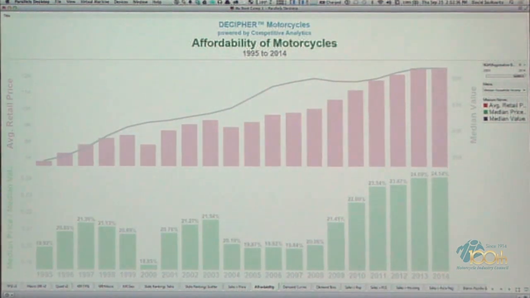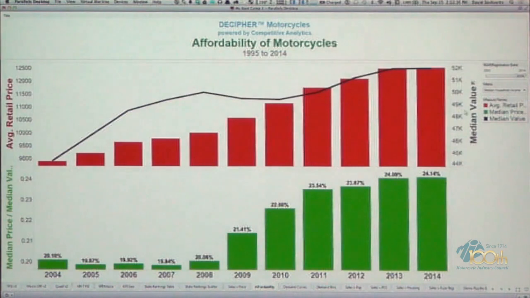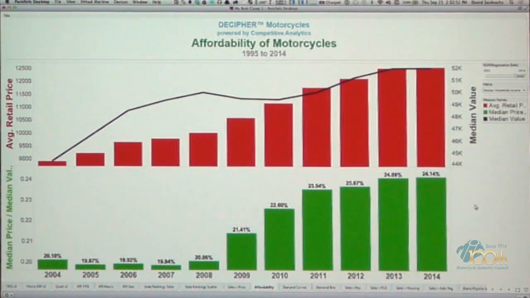Let's go to 2003. It's always a good year. Okay, so you've got in red, again, this price trend. And in green, in this black line, which is blue on my computer, this is the median household income.